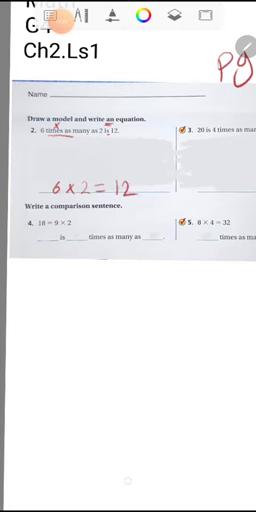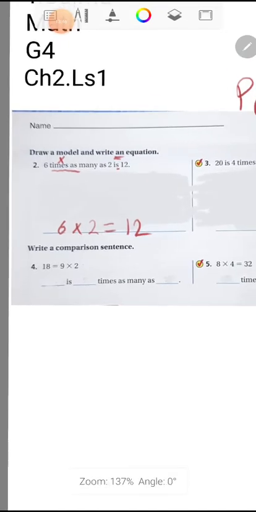If I want to describe this equation by using a model, what will I use? 6 multiply 2. That means I will repeat the 2 six times.